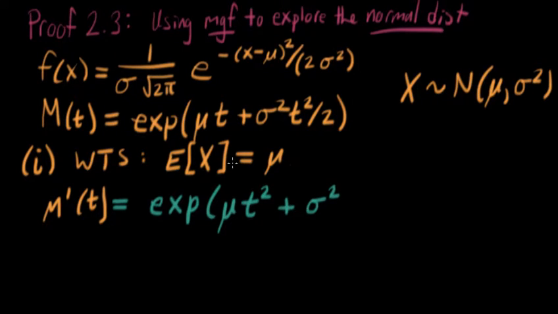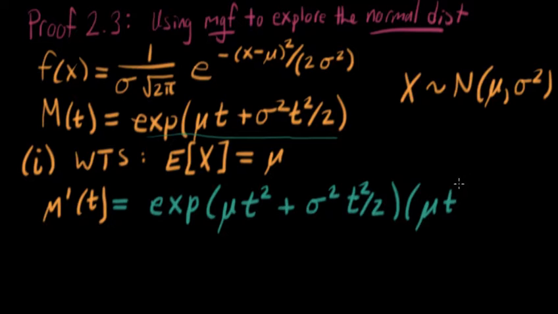So that was just supposed to be basically everything that's up here, t squared over 2. Okay, now we'll use the chain rule. So that's mu plus, okay, sigma squared over 2 times 2 is just sigma squared, and then t. Finally got that right.